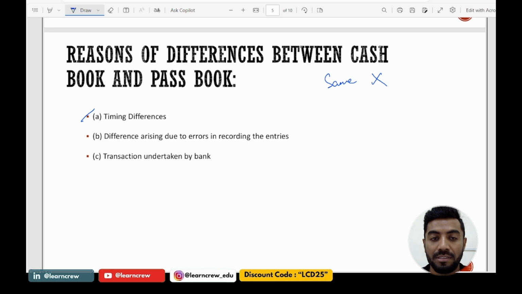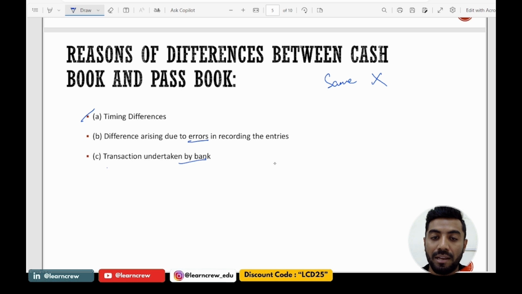Difference arising due to errors in recording the entries. If any error is made, that is also one of the reasons for the differences. One more reason is transactions undertaken by the bank.